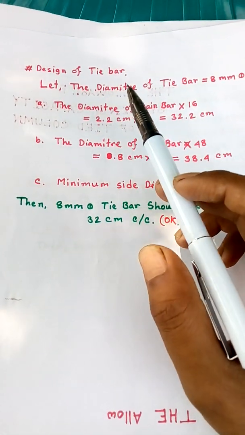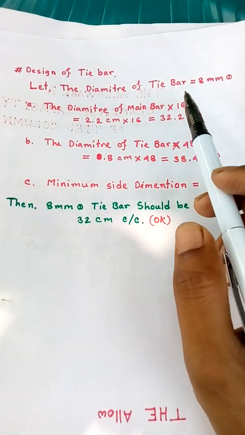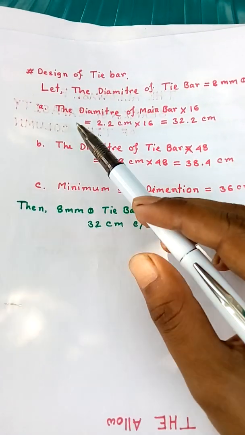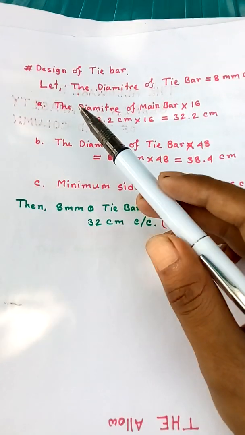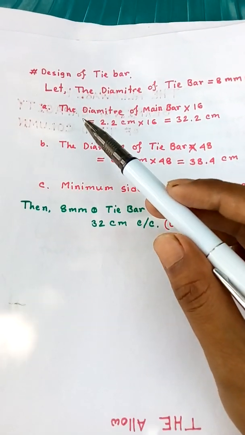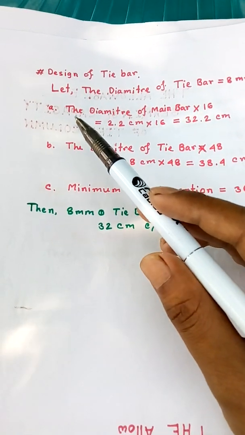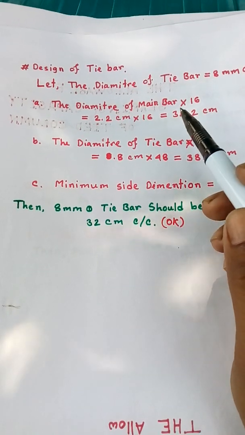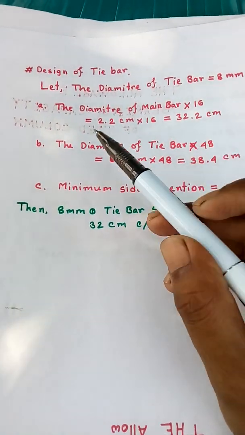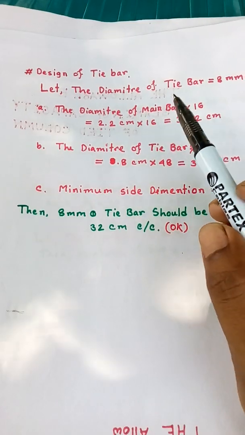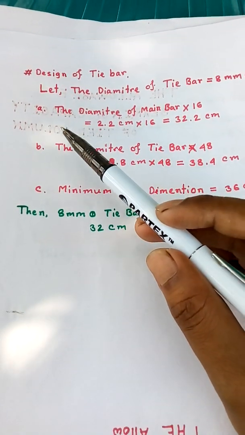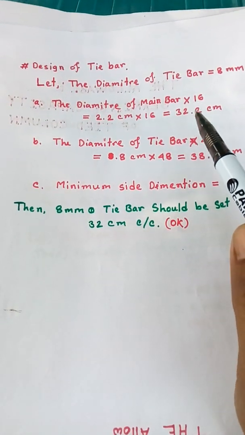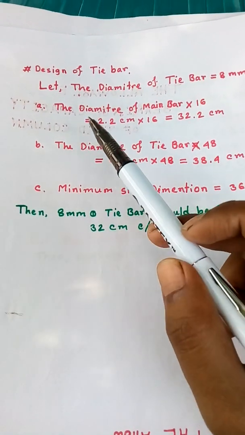Design of tie bar. Let the diameter of the tie bar be 8 mm dia. Then the rules for the design of tie bar. First, the spacing of tie bar should be the diameter of main bar multiplied by 16.